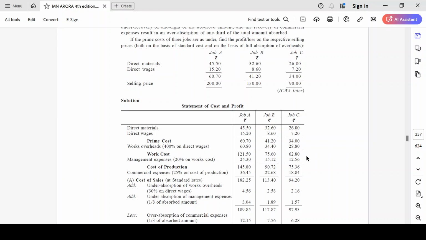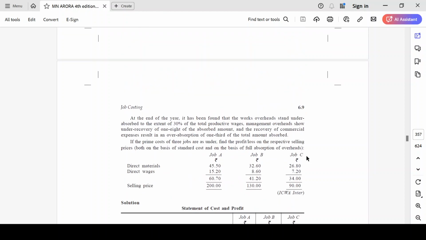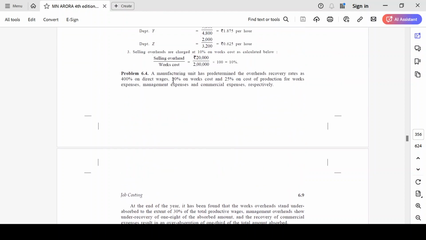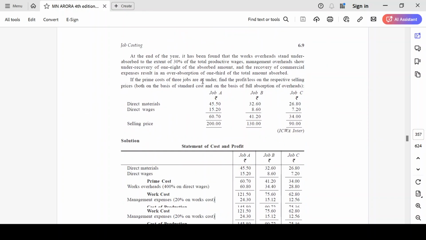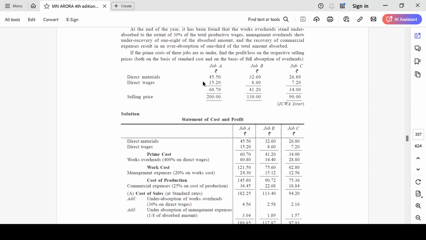You add work overheads to prime cost, you will get work cost. Next, 20% on works cost. See, when I told you, you need to do step by step, it becomes easy. You added the recovery rate, you added works overhead and got work cost.